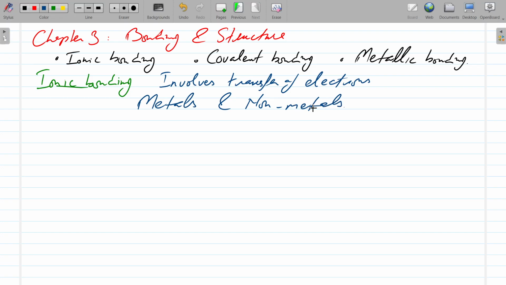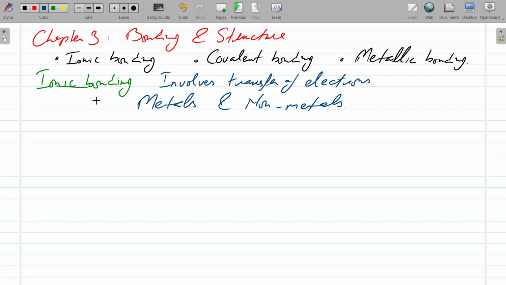Now, for the core syllabus, students are expected to be able to show ionic bonding between elements of group 1 and group 7. Whereas for the extended syllabus, students should be able to show ionic bonding between any metal and non-metal.